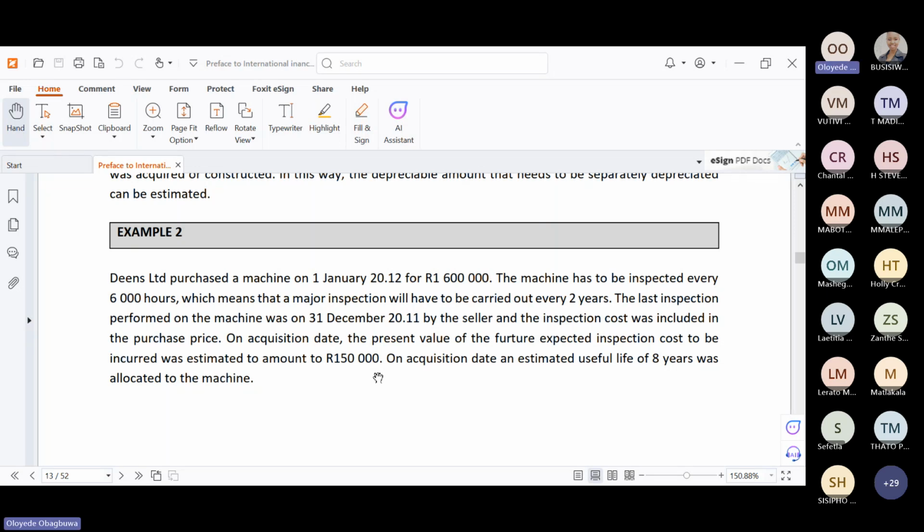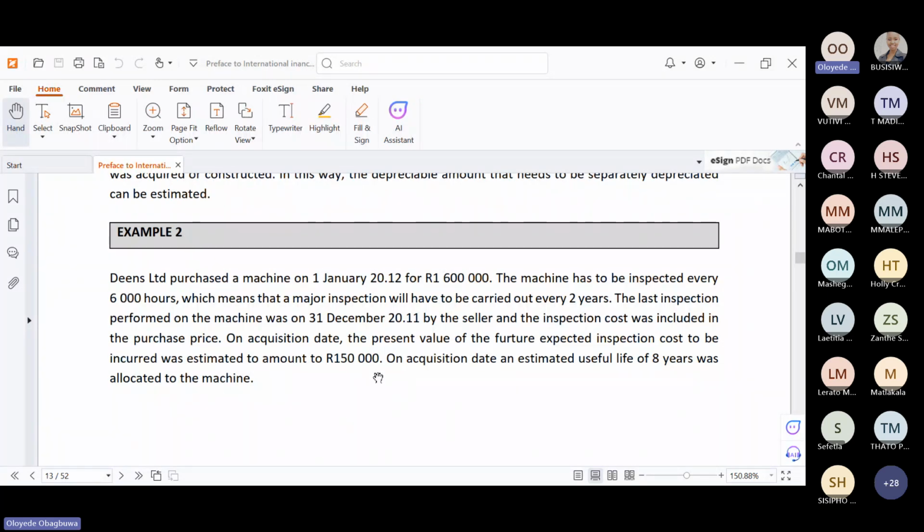Dean Limited purchased a machine on 1st of January 2012 for 1,600. The machine had to be inspected every 6,000 hours, which means that a major inspection will have to be carried out every 2 years. The last inspection performed on the machine was on 31st December 2011.